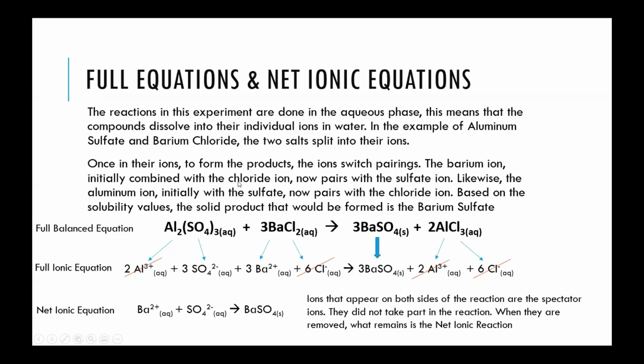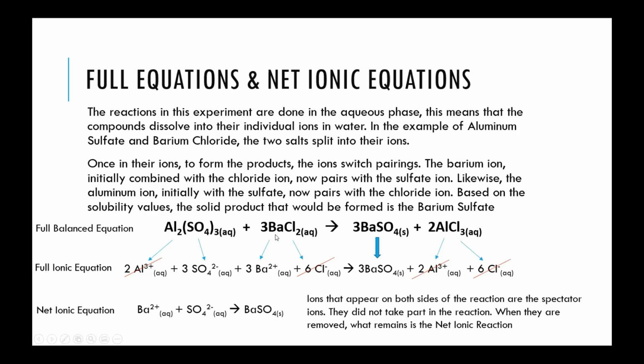So a net ionic equation is determined by first breaking everything apart into its ions. You have the full balanced chemical equation right here, and any of the compounds in the aqueous phase are split apart into their separate ions. So one aluminum sulfate will break apart into 2 aluminum ions and 3 sulfate ions.